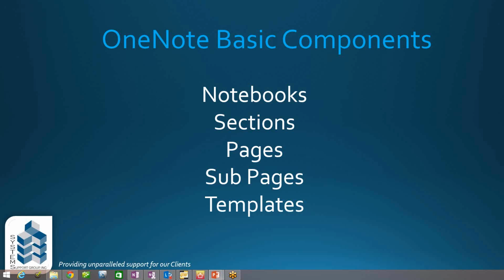The tabs would be for various things, by subject or by class or whatever you decided. Within those sections there were pages, and in the OneNote context, you can have sub-pages. So you can have a page regarding a particular subject, and then sub-pages that refer to the same page. I'll show you that quickly in a couple of minutes.